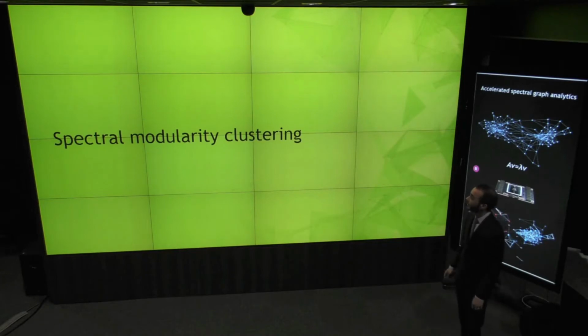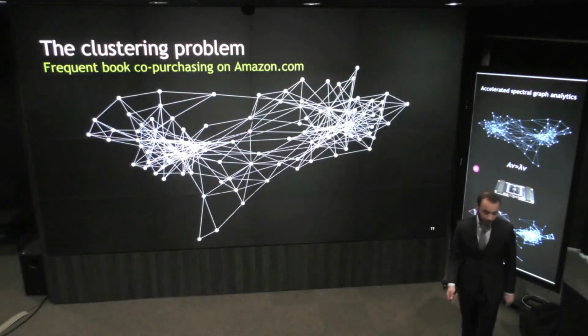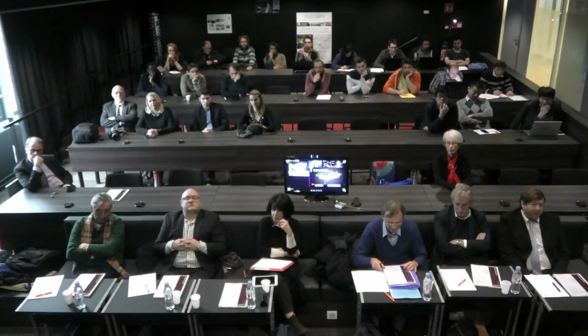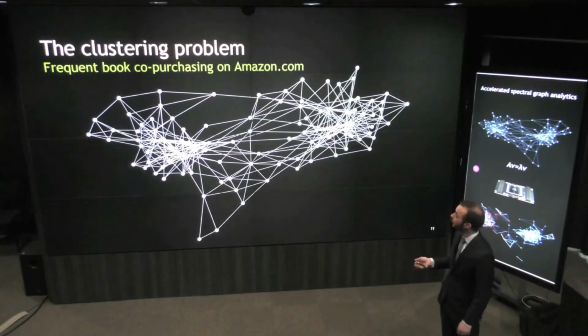So, spectral modularity clustering. Here is the graph that we saw at the beginning, and I didn't mention what it was actually, but here vertices are groups about US politics, and edges represent frequent co-occurrence between those groups.